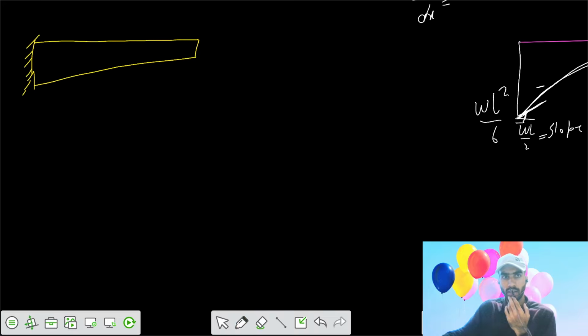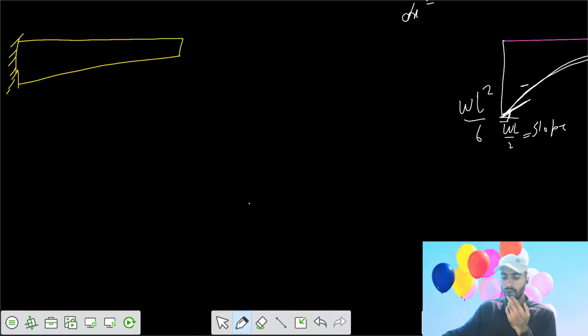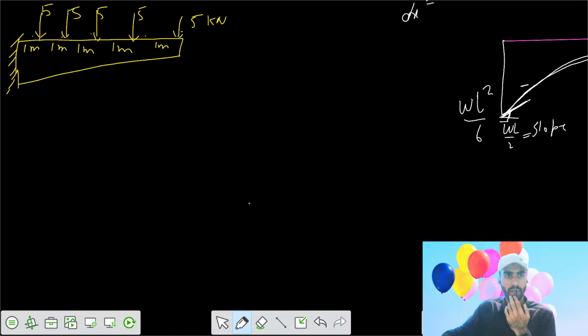The loadings are 5 kilonewton each at 5 points, with spacing of 1 meter each, for a total length of 5 meter, and a moment of 20 clockwise acting here.